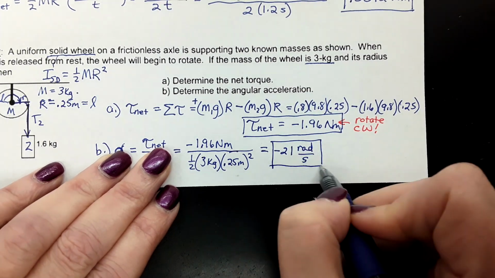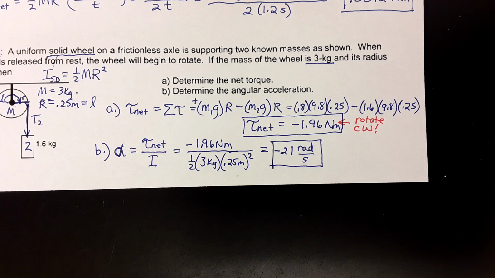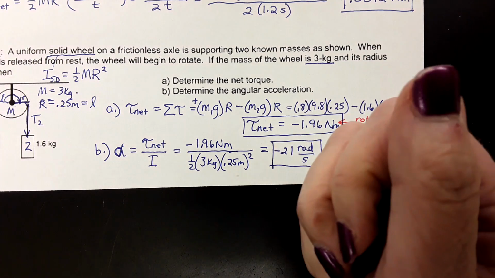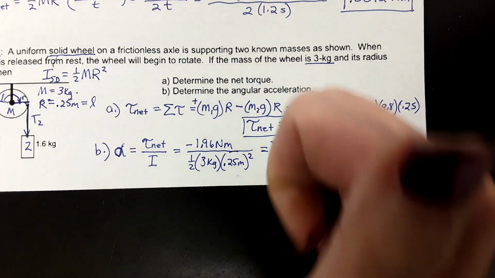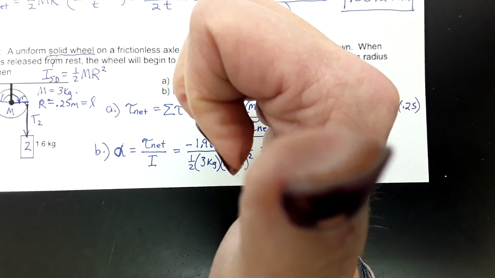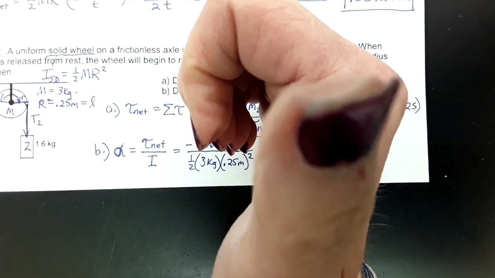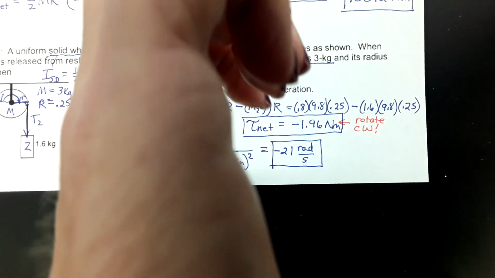Now, the negative. If we look at the angular velocity using our right hand, the axis of rotation comes out of the page towards us, but it's rotating clockwise, not counterclockwise. So we have to rotate our hand.